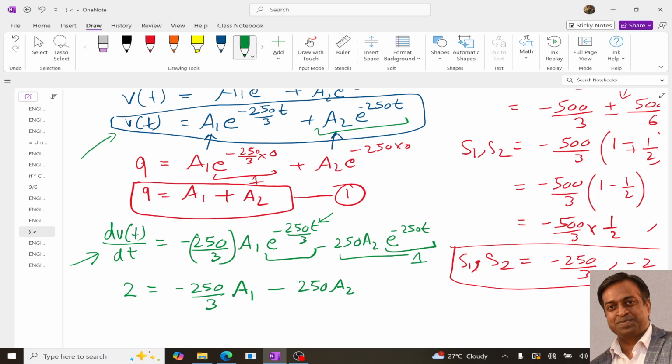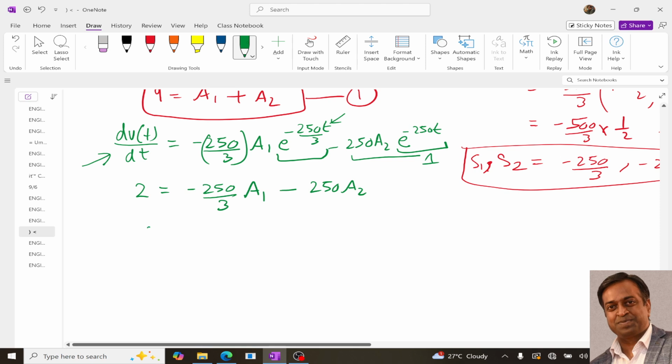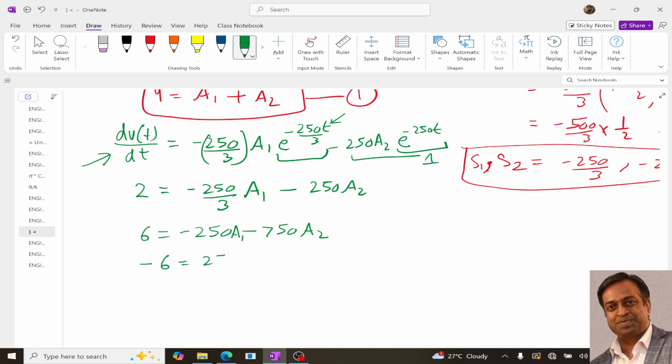Rearranging these equations, we get minus 6 is equal to 250 A1 plus 750 A2. So this is our second equation.